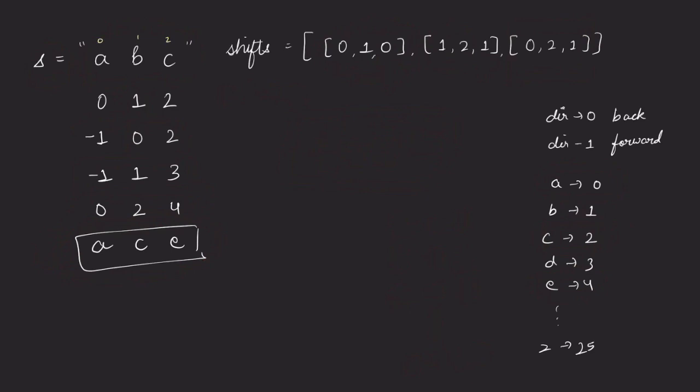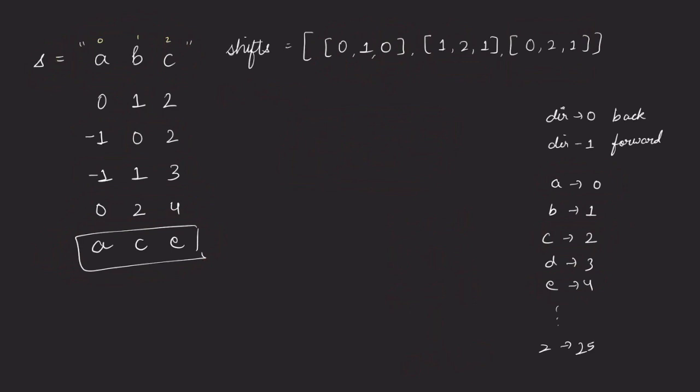So now the brute force over here would be that for each of the shifts, whatever is the range, I go to that particular range. Basically, I run another for loop for that range, starting from left and going till right, and then based on the direction, I convert the characters in that particular substring to the next character or to the previous character, right?